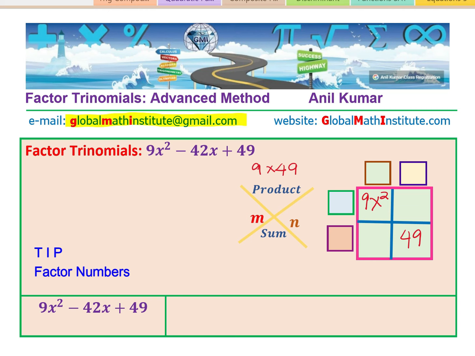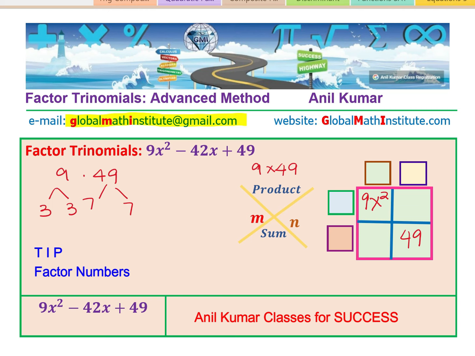But we'll use our tip number 1, which is how do we factor these two, right? Well, 49 is 7 times 7 and 9 is 3 times 3. So now these factors, 3, 3, 7, 7, help us to get the values of m and n, whose sum should be minus 42.